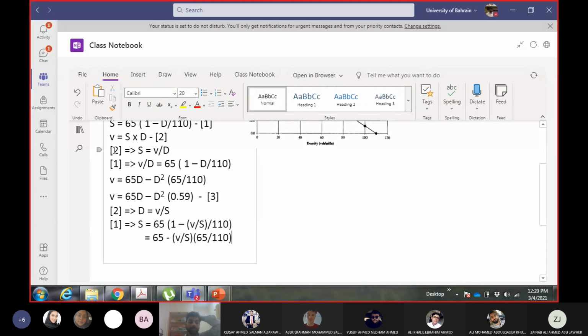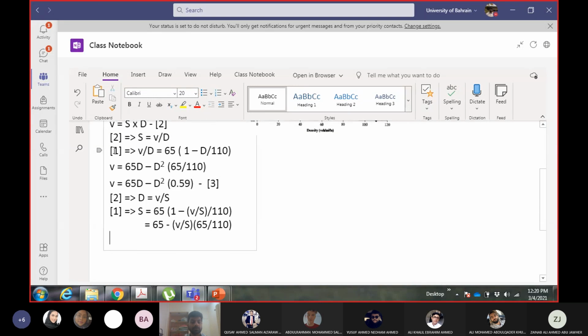Then I need S on one side, everything else on the other side.